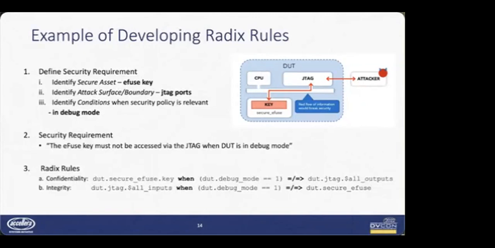Thirdly, identify conditions when the assets need to be protected. Here, when the chip or the IP is in debug mode. Then we can express the requirement at a high level as: the eFuse key must not be accessed via the JTAG when the DUT is in debug mode. And lastly, we identify the relevant RTL signals so that we can create the rules.